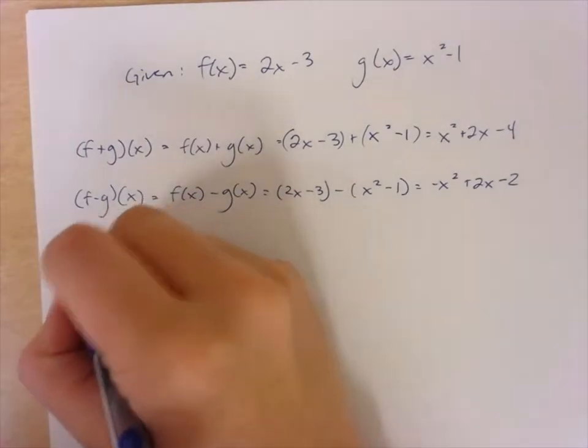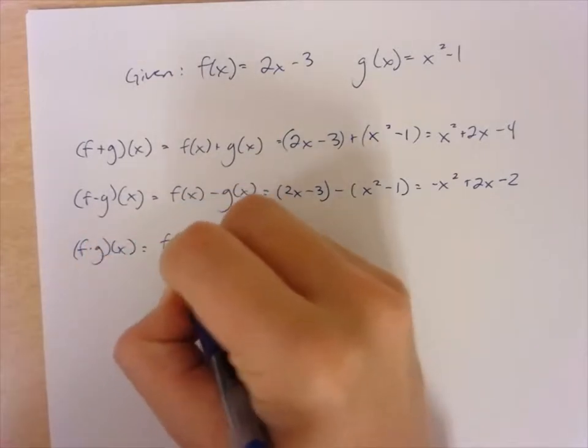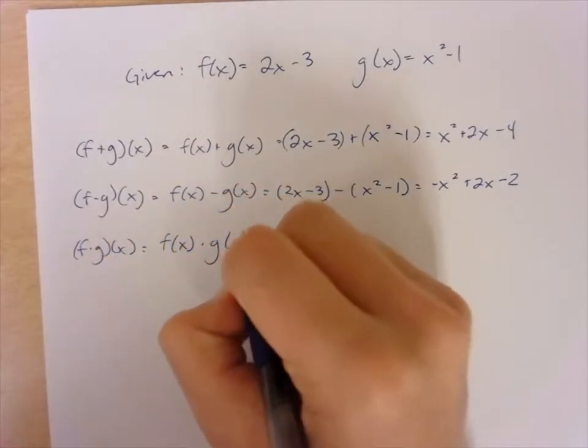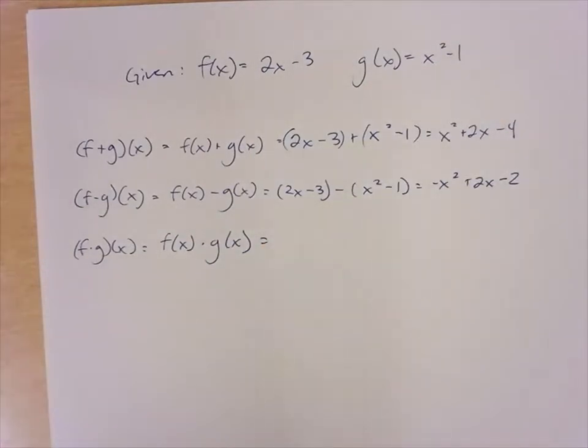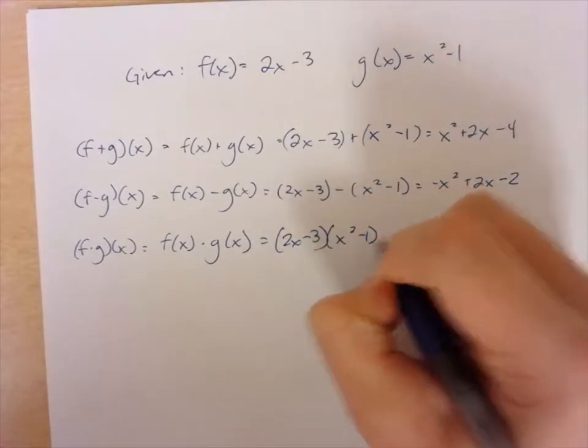F times g of x is the same as saying f of x times g of x, which is the same as saying 2x minus 3 times x squared minus 1.